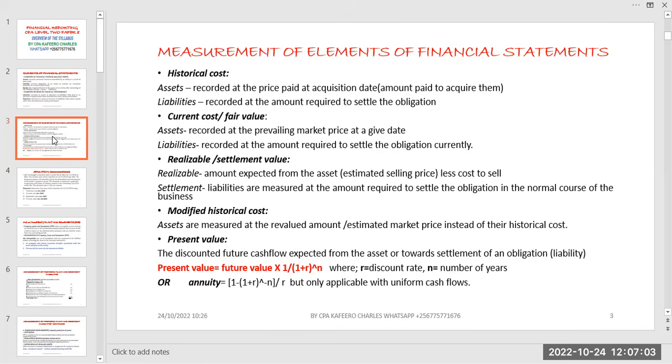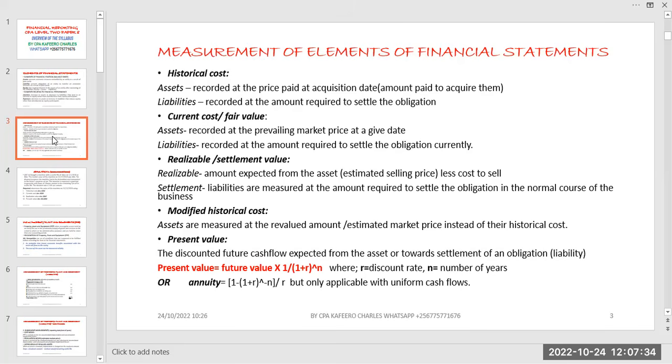If you are supposed to pay 10 million, that is the normal. But if things go the other way around, you may find that you are not paying exactly what is supposed to be paid. So here we are talking about the amount required to settle the obligation in the normal course of business, if everything is moving well.